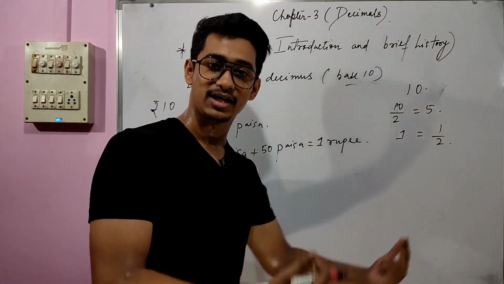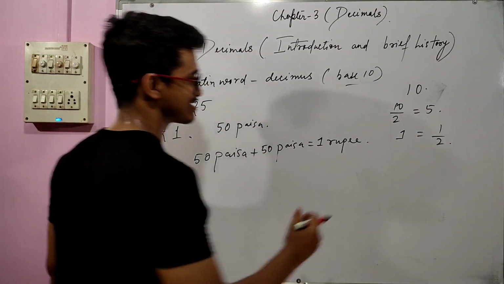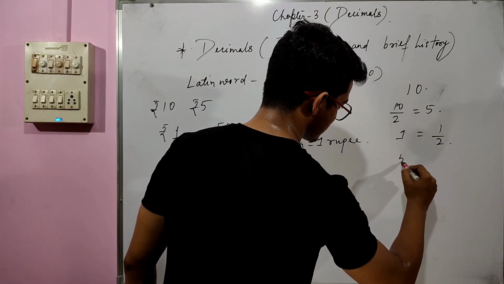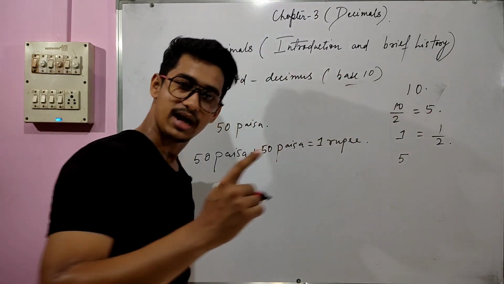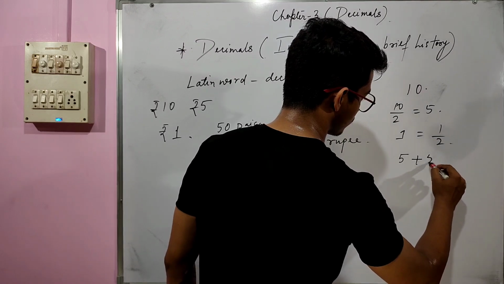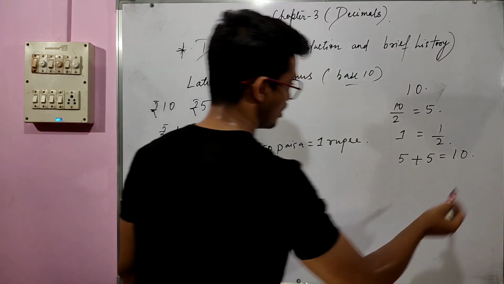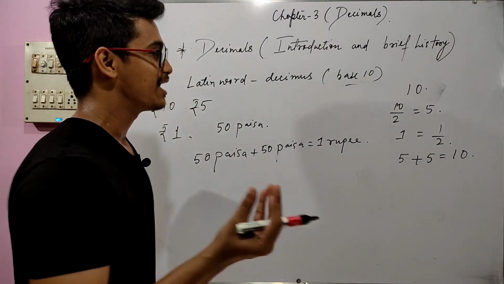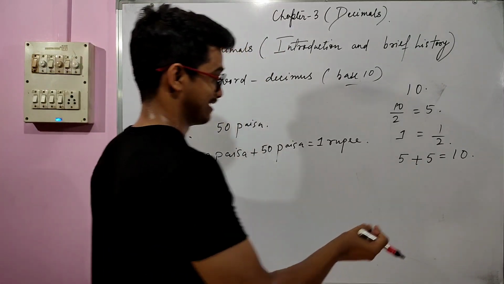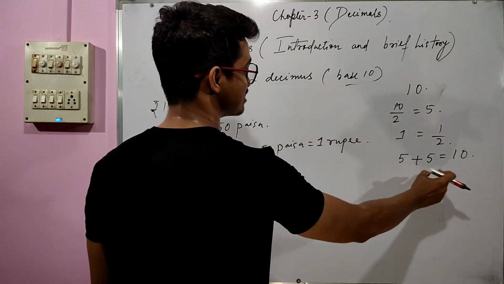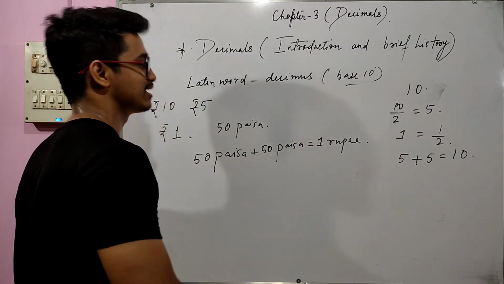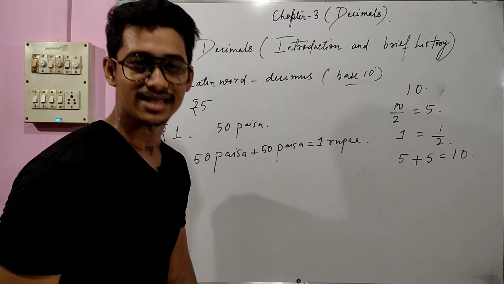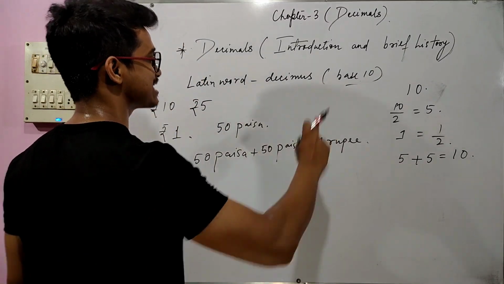Similarly, if I'm talking about some number, let's say 5 is there, we cannot add 5 over here, because the answer will be 10. So when scientists were facing this problem, they introduced something called the base 10 system.